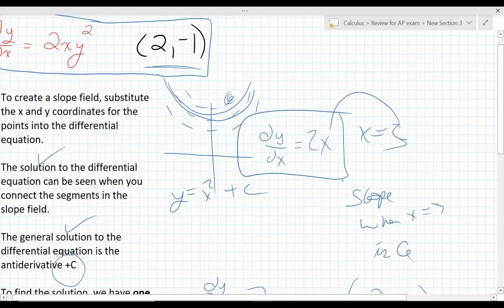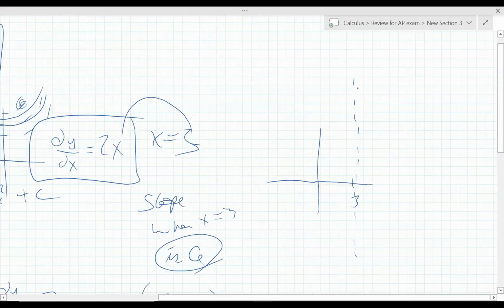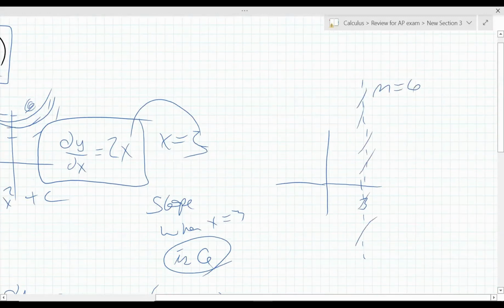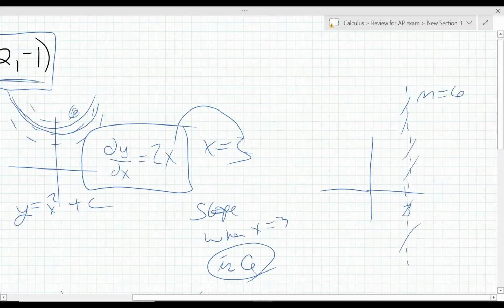So that means that when you think about the slope field, whenever x is 3, anywhere along this line, we should have segments that have a slope of 6. So these should all be the same, where every slope of them is 6. So would that be what we draw? Correct. That's one possibility. I'm going to show another possibility here in a minute.